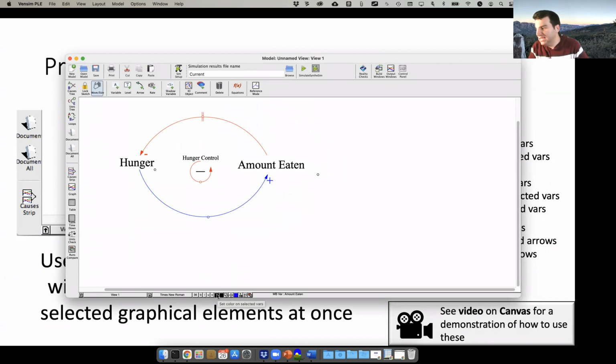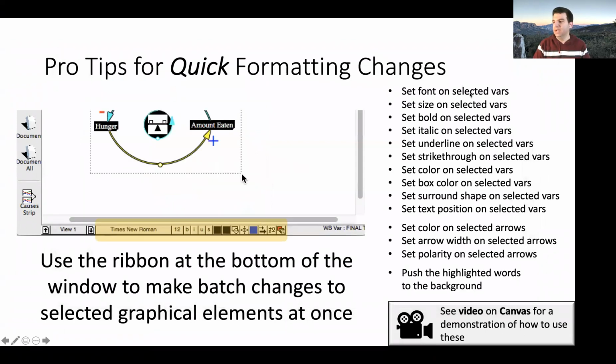If you mouse over these things, this one says set color on selected vars. This one next to it says set box color on selected vars, set surround shape on selected vars, and so on. So basically, this is quick access to all of the things that you normally would have to drill down into in order to find. That's what I'm summarizing right here.